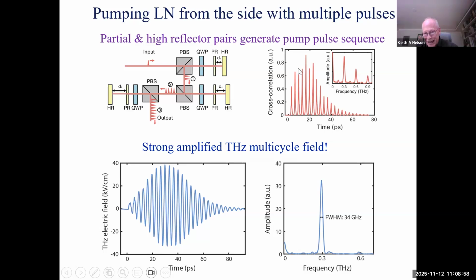So now we come in with this incident train of pulses, and we get a much stronger amplified field and a narrower line width. So this is about 30 gigahertz, but actually we've just recently reduced this to just about 3 gigahertz, using, we doubled the number of pulses. So we can get quite narrow band multi-cycle fields.